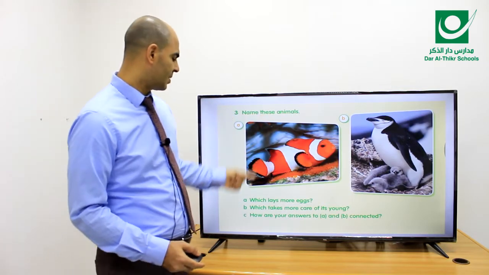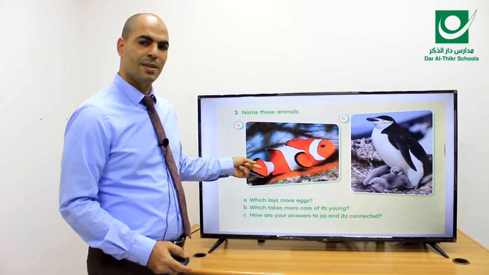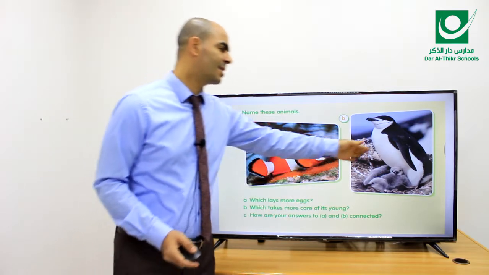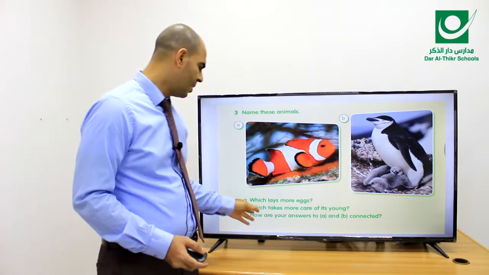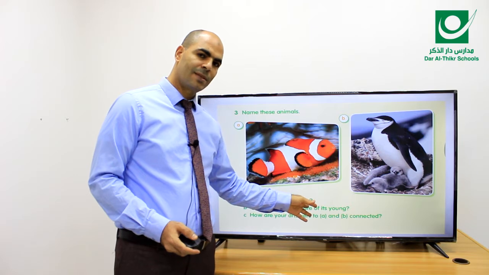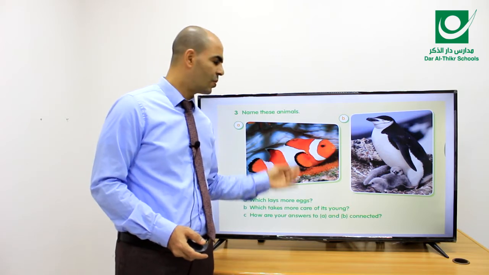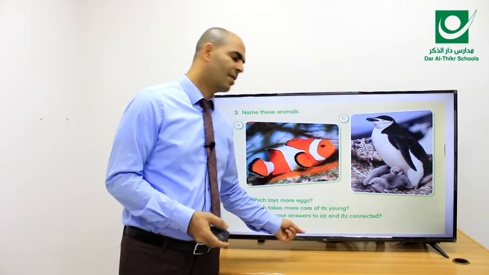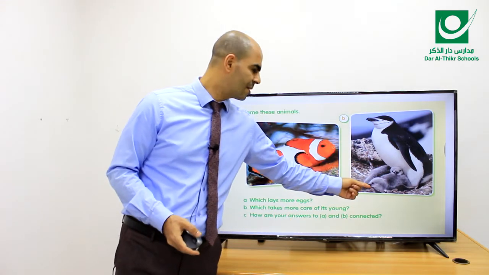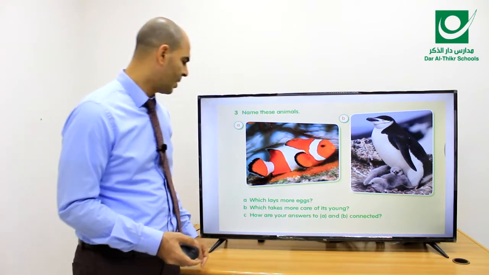Name these animals. What's this? A fish, and this a penguin. Which lays more eggs? The fish, of course, lays more eggs. Which takes more care of its young? Of course, the penguin takes care of its young.